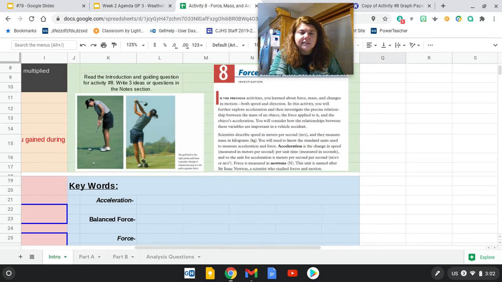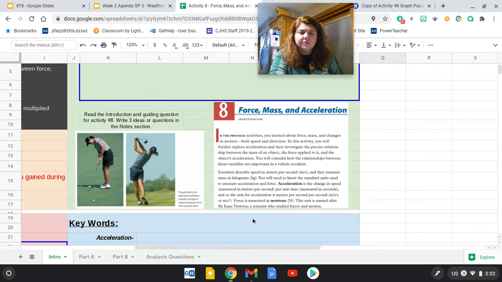I'll be honest, in the first paragraph there isn't really a whole lot of information that I would probably pull out. If you find something, that's okay. But the majority of the information that you're writing your notes on is going to be down here in the second paragraph.